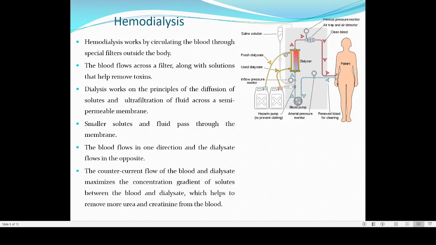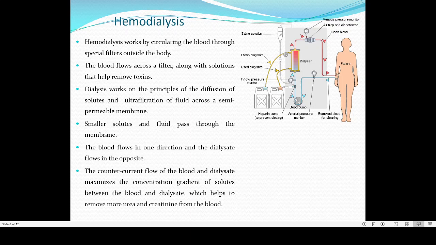Now the blood will be carried to a machine called the dialyzer, and I want to show you how the dialyzer normally works.